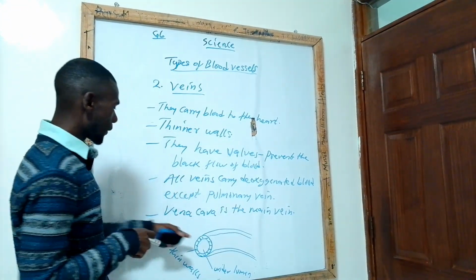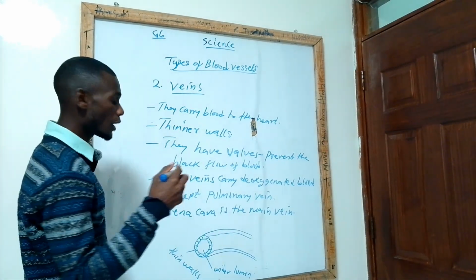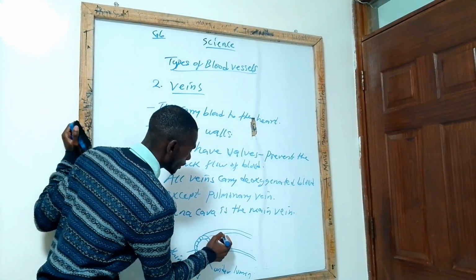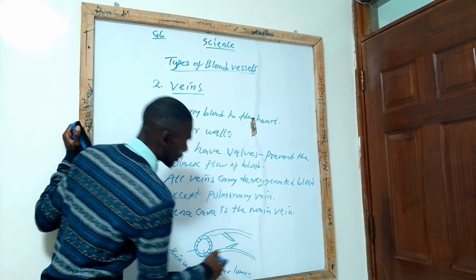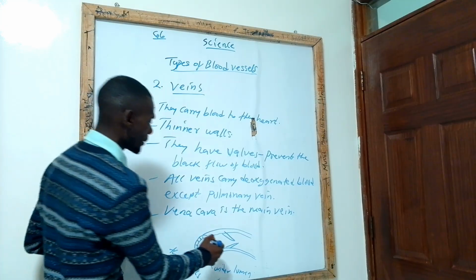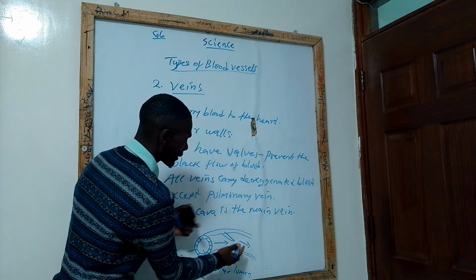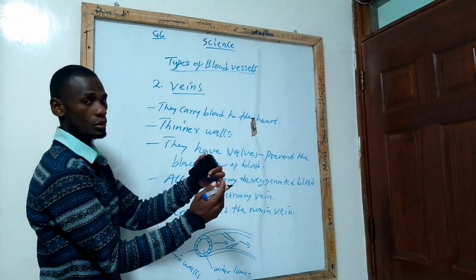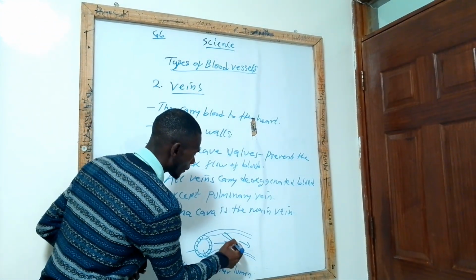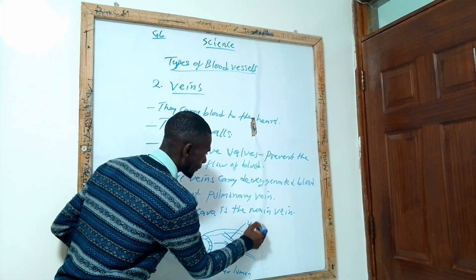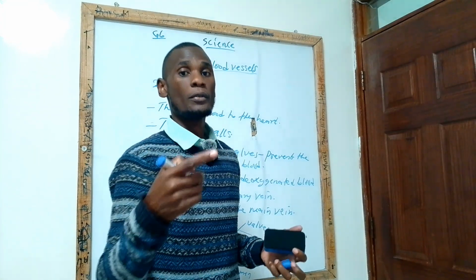Then the veins have valves, so we have to indicate those valves. Valves are this. So when the blood flows like this and tries to come back, these valves will close. They will prevent that blood from flowing back. These are what we call valves. In the human body, there are only two places where we find valves.